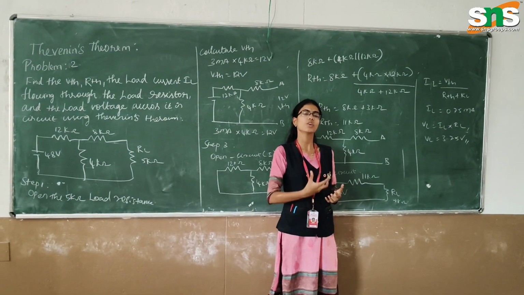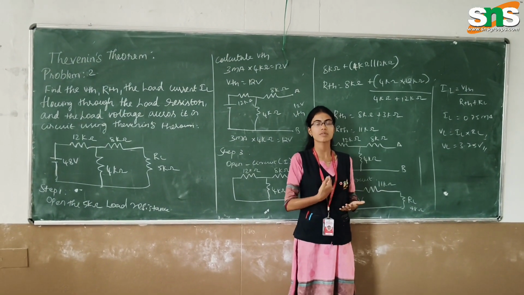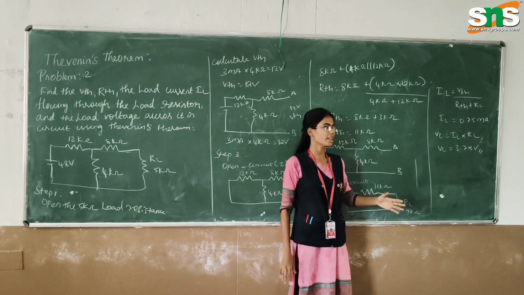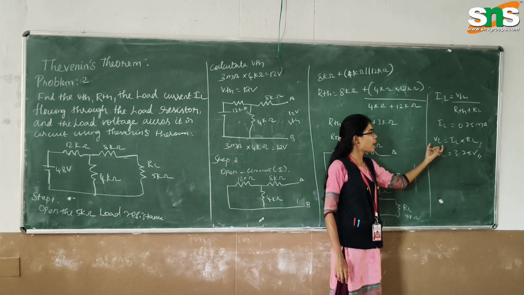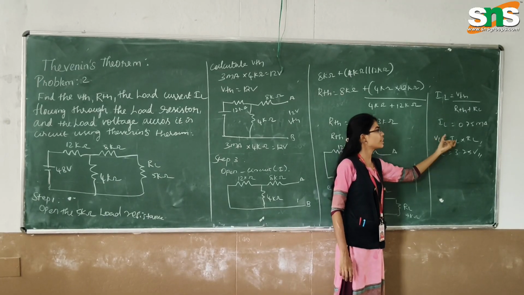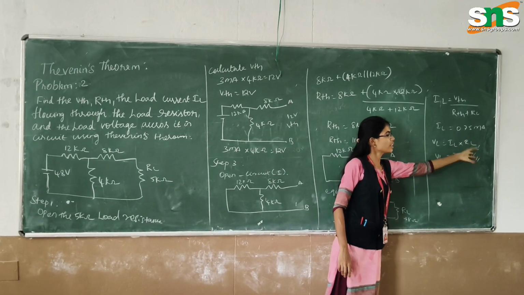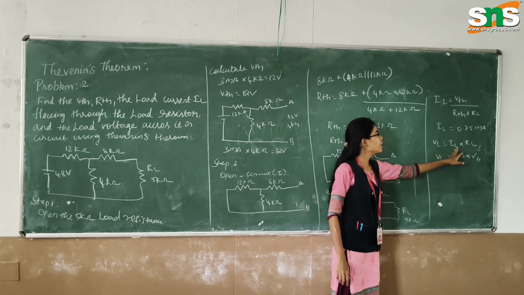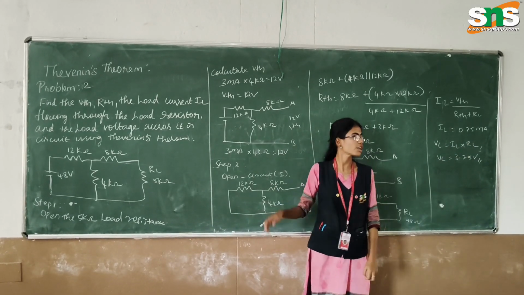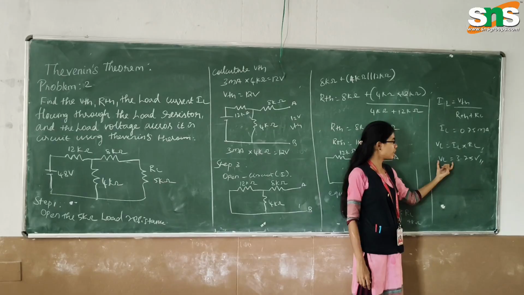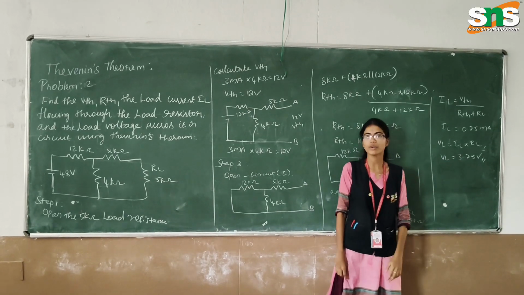Otherwise, basic Ohm's law is applied here, V is equal to IR. So to find the load voltage, we write this in terms of load current and load resistance. VL is equal to IL times RL, which is 0.75 milliamps times 5 kilo ohms. So we get VL equal to 3.75 volt.